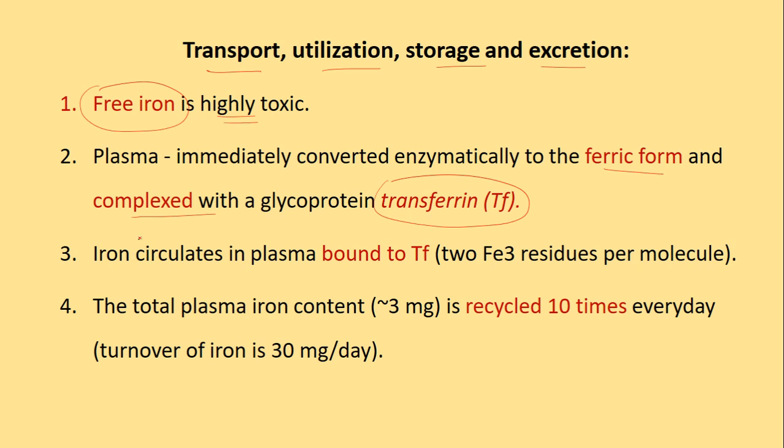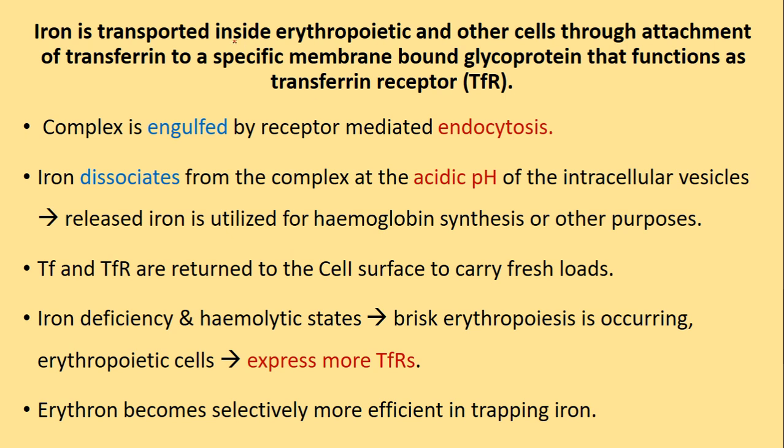The iron in the blood circulates in the plasma by binding to transferrin. The total plasma iron content is recycled about 10 times every day, so the turnover of iron is 10 milligrams per day. This is very important.